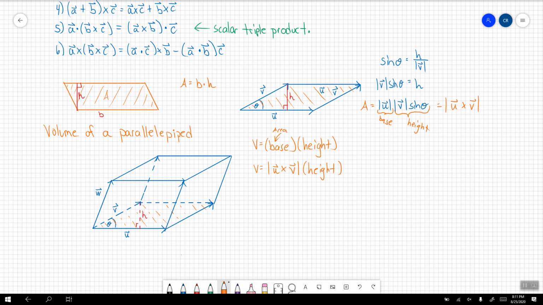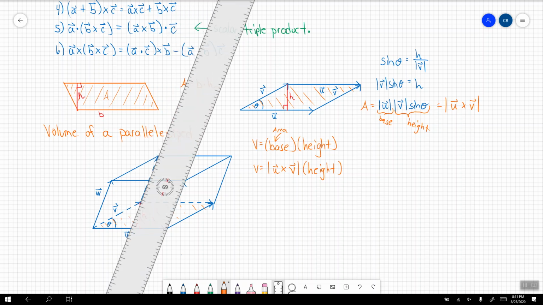Well, very similar to how the height was determined in this parallelogram, we want to determine the height of the parallelepiped, which means we have to determine the height from this base area to the very top plane here. In order to do that, we need to get some added measurement in there to extract that height.